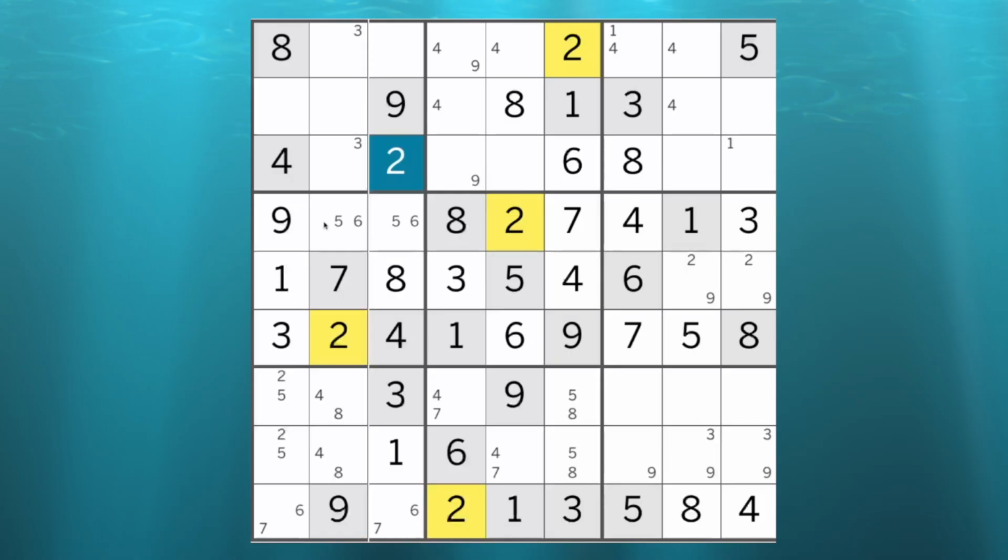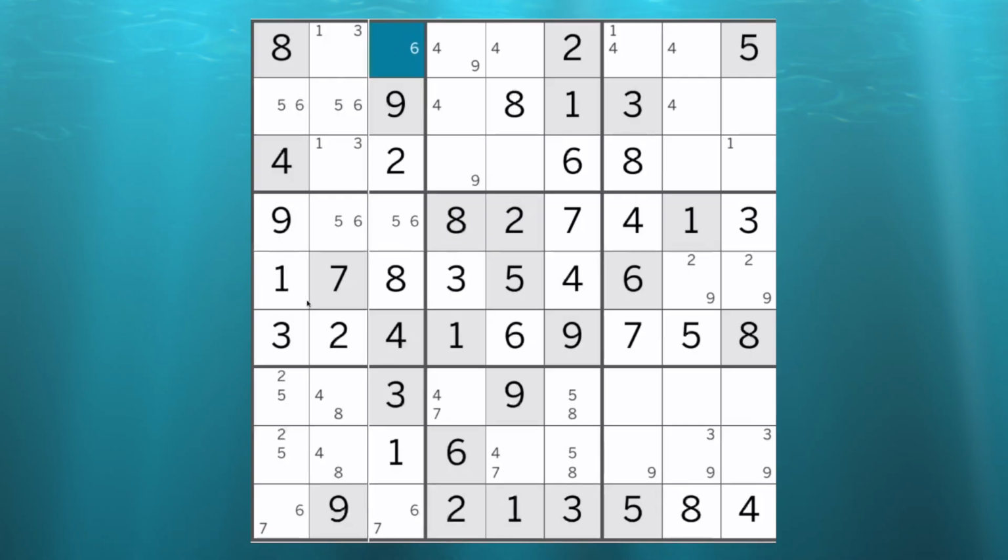Alright, so now we have 2 1s, and this one keeps the 1s in there, which means that's a 1-3 combo. So remaining in this is a 5, which that can't be a 5 because of that. A 6. And a 7.